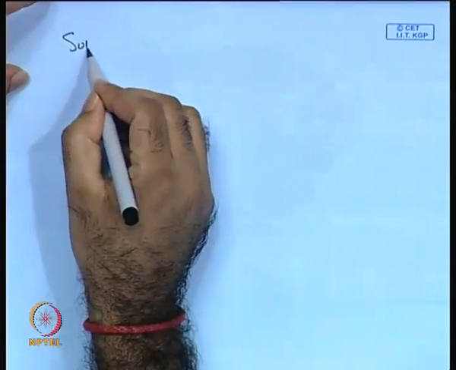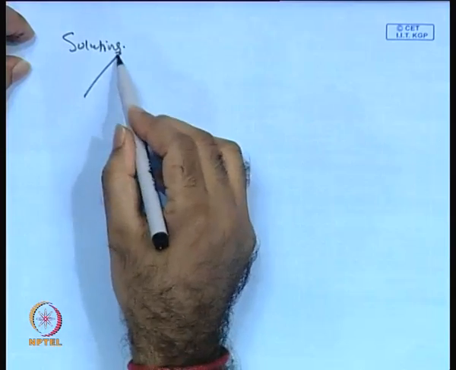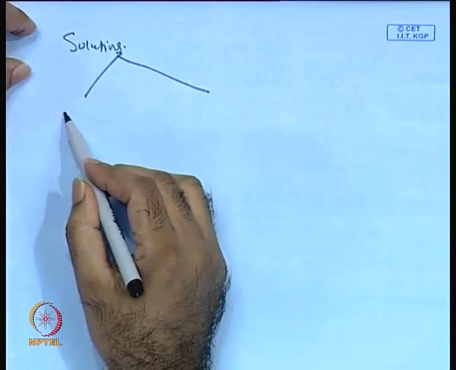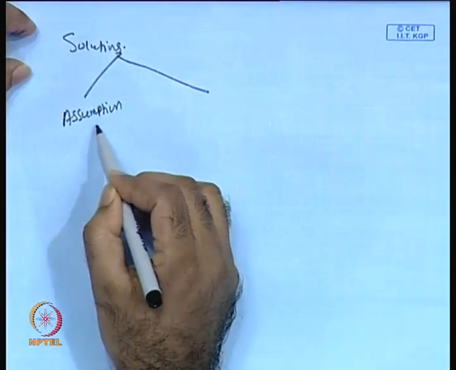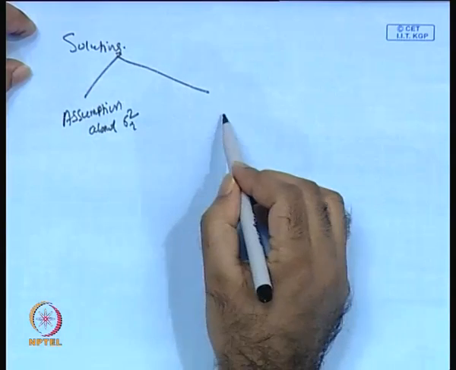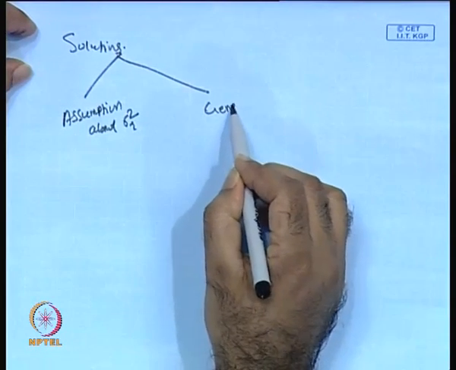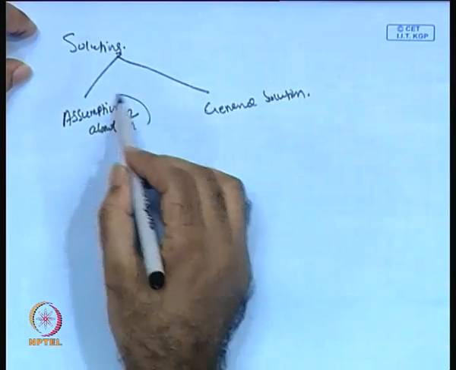So what solutions can you find? The solutions are basically divided into two parts: one with an assumption about sigma square i, and general solutions. Why an assumption about sigma square?